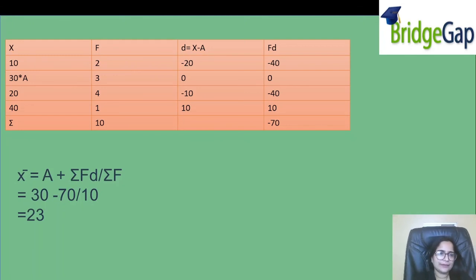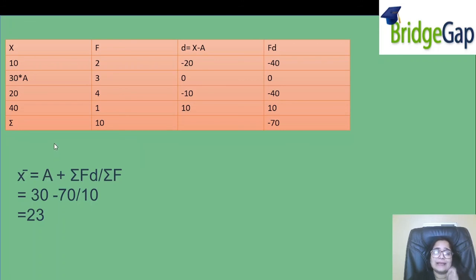Again here we are given the x and f. These two will be given to us already. Now we have to assume any value as the assumed mean, so here I am assuming 30. So 30 becomes my assumed mean, plus sigma fd over n.